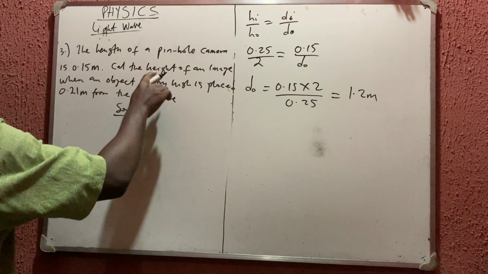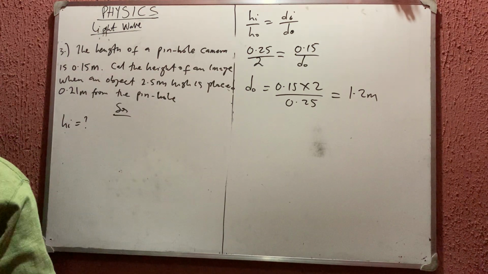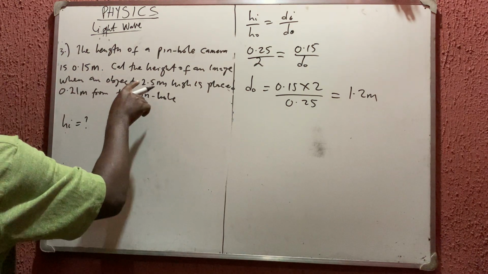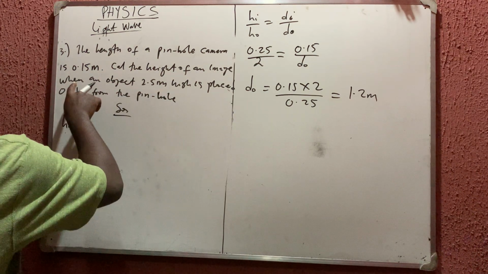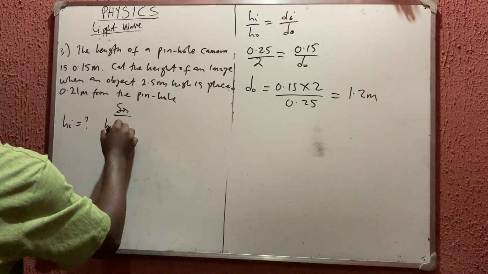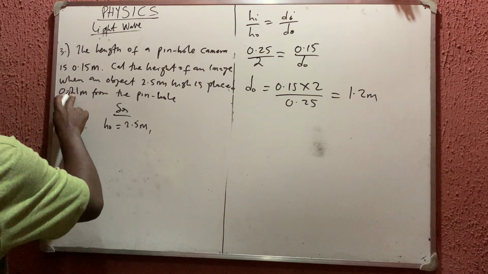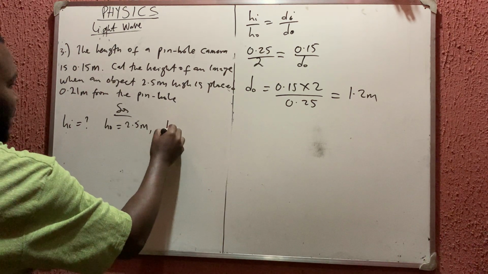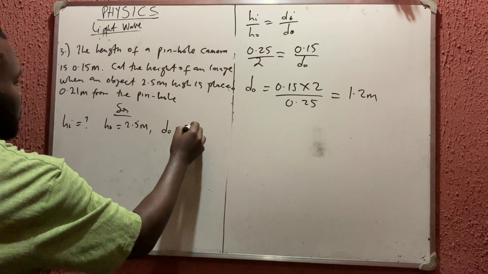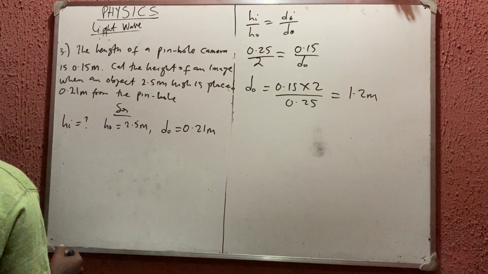The height of the image is unknown. The height of the object is 2.5 meters, placed at a distance of 0.21 meters. So you now see who is left.